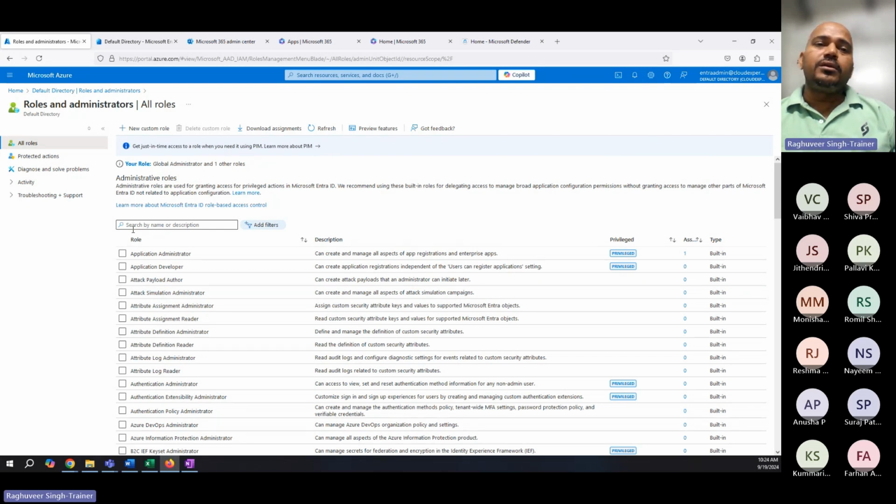So how will I create a custom role for them? See, if I give them the admin role, then by default, they will be able to remove also, delete also, because it contains everything. Create and manage all aspects. And manage also includes deletion. I don't want deletion. I only want create and configuration. So I can create a custom role.